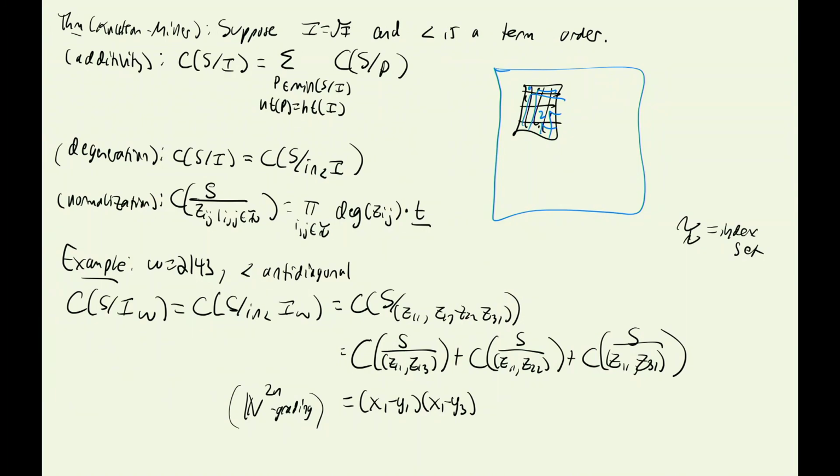So this notation of splitting the variables, the first half to be x's, the second half to be y's, is capturing the first half of my multi-grading is e_i, and the second half of my multi-grading is contributing the n plus j part. So that's rows and columns splitting into half and half. Then we get x1 minus y1 times x2 minus y2 plus x1 minus y1 times x3 minus y1.